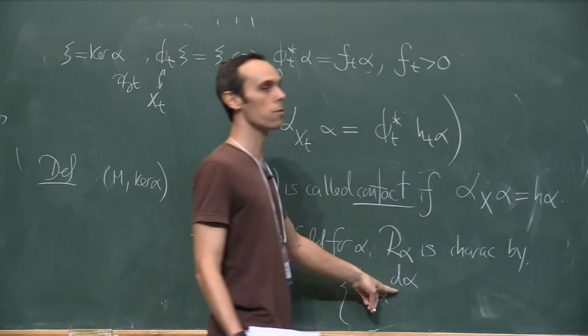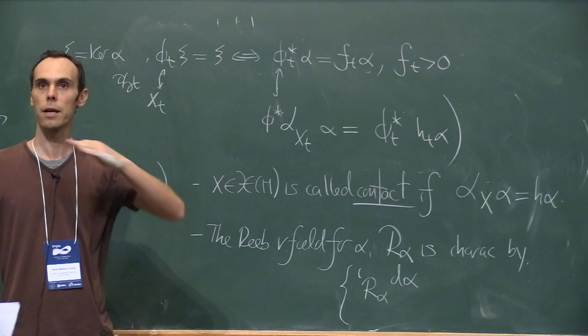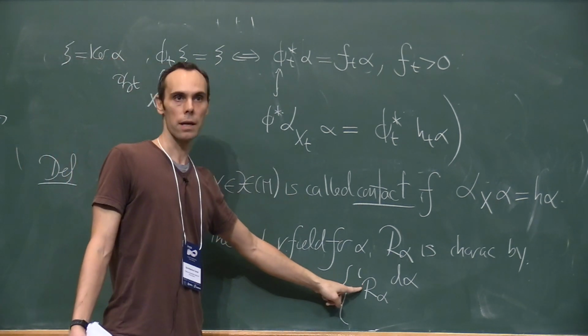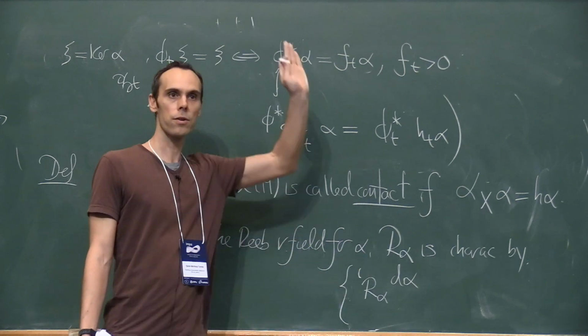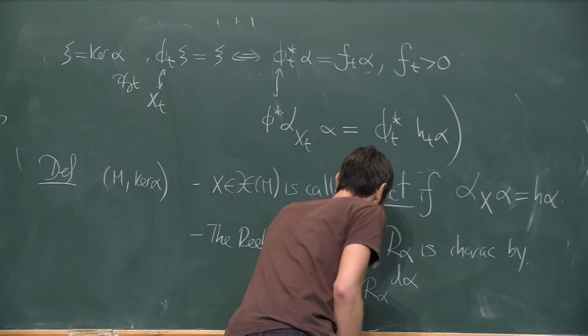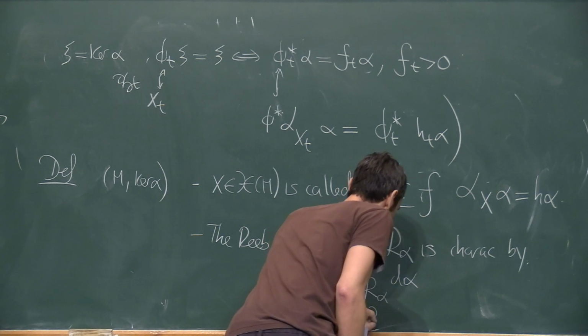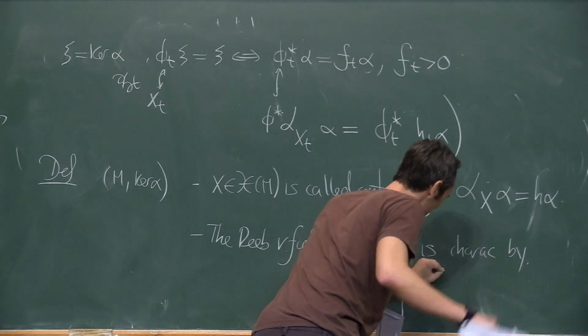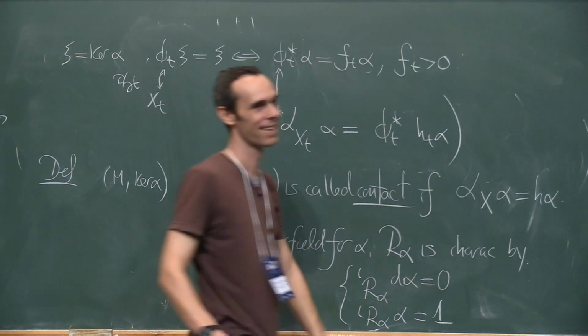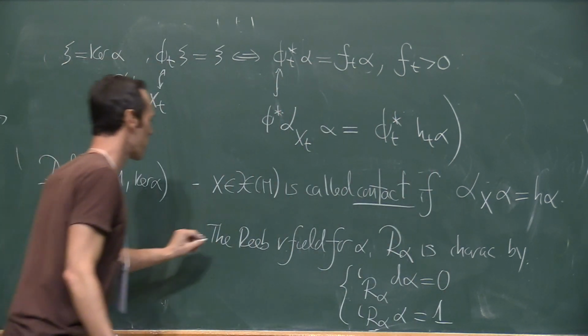The kernel of these two forms is one-dimensional because dα is a symplectic form on the hyperplane distribution. So you basically take a vector field in the kernel. This is a coorientable distribution. And what you do now is normalize this vector field, and the normalization condition is simply that α(R_α) = 1. And so that's the Reeb vector field.